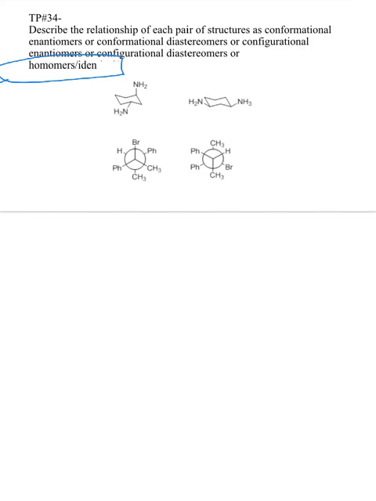When you're talking about configuration, it is R or S. Whenever you see conformation, is it in the chair? Is it in the staggered? Is it the gauche? That's a conformation. And diastereomers means for something to be a diastereomer, they need to have more than one asymmetric carbon.